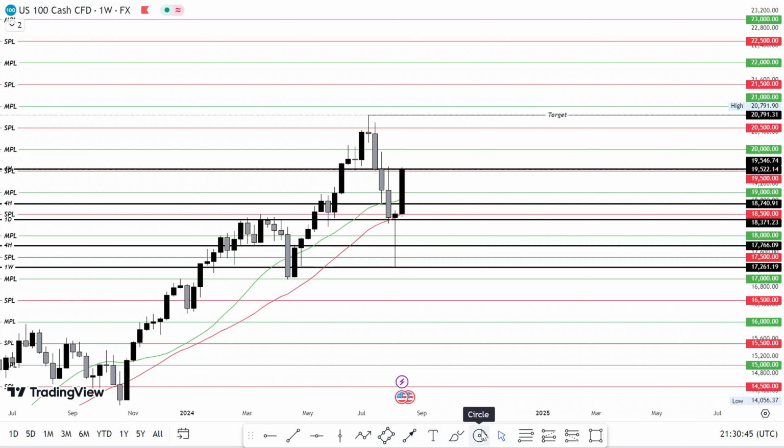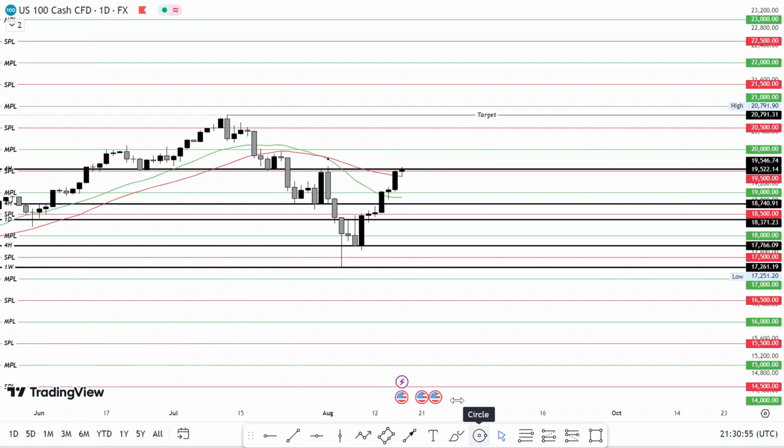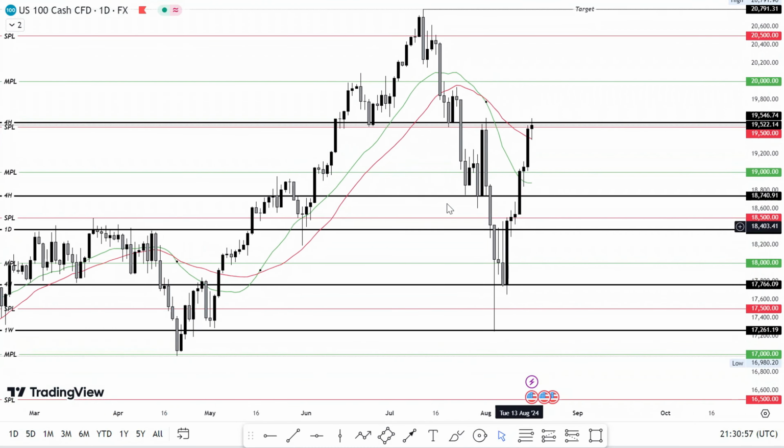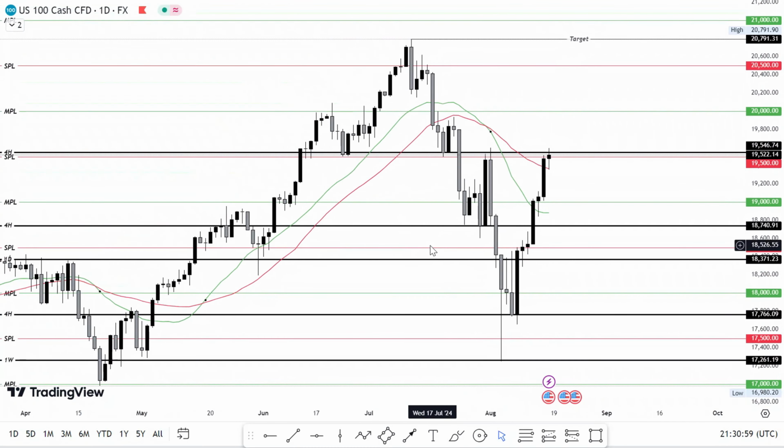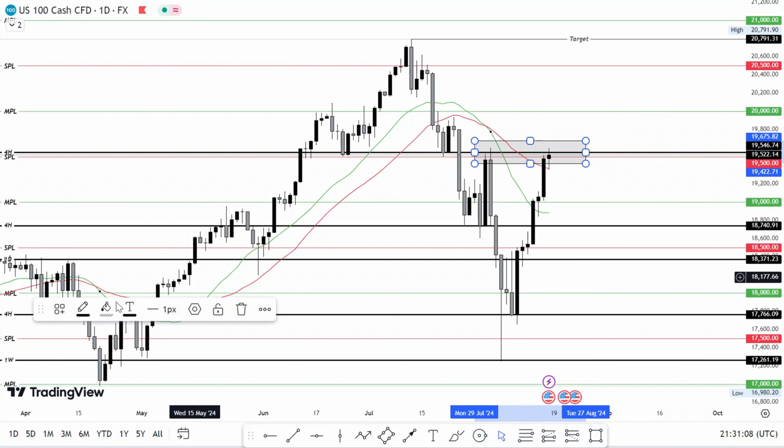Now, remember on the weekly time frame, we only need to look at the chart pattern. Now, I will go down to the daily time frame. On the daily time frame, we can observe that Nasdaq has come to a resistance level.